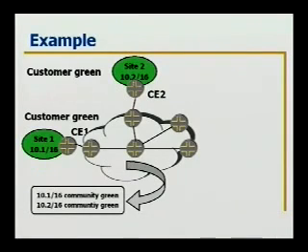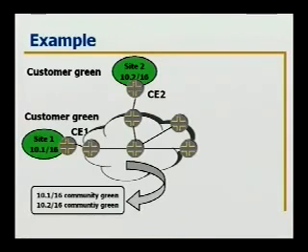Let's say that we have two customer sites, site 1 and site 2. Site 1 has routes in the 10.1/16 range, and site 2 has routes in the 10.2/16 range.